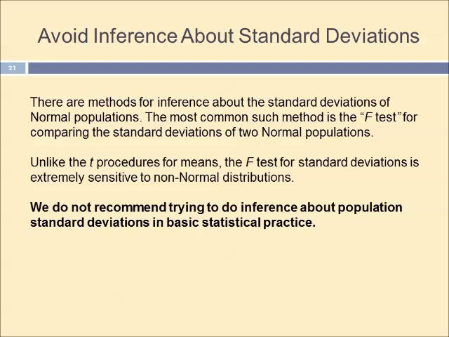Well, the problem is that the procedure for doing this uses what's called the F-test for comparing the standard deviations. And the t procedures for means are very tolerant of non-normal distributions. The F-test is extremely sensitive to non-normal distributions. So we recommend that you do not use inference about population standard deviations.